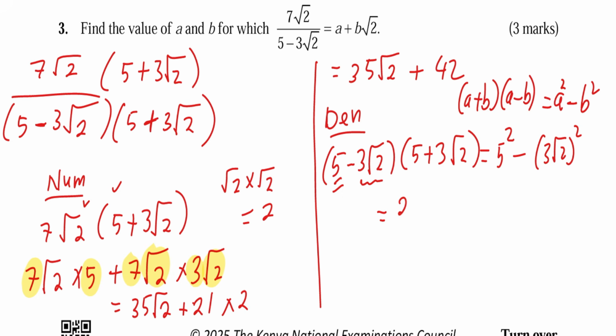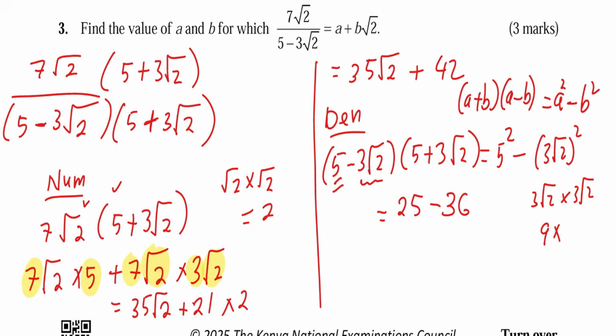So 5 squared is 25. For 3 root 2 squared, 3 times 3 gives 9, root 2 times 2 gives 4, so 9 times 4 which is 36. So here it gave minus 36.